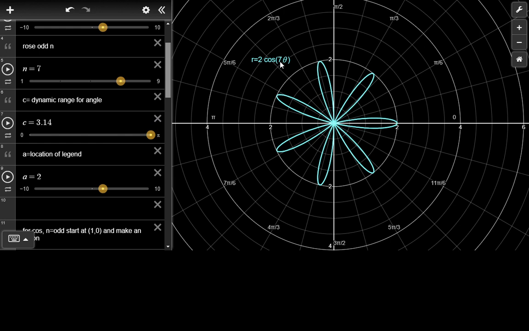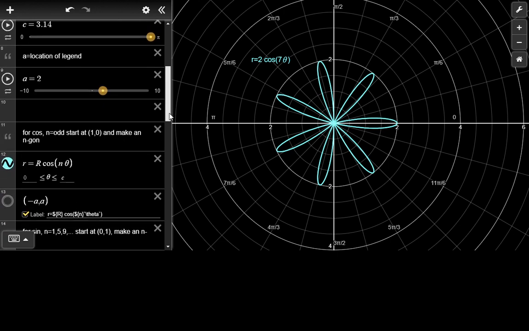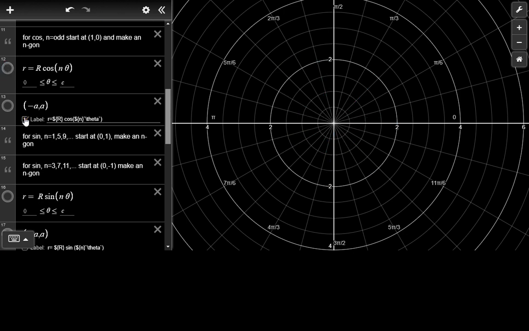If it was like square root of 2 or something, well, I let you go and discover what the picture looks like. It's going to be more crowded than what we have here. Okay, so we did the cosine for a variety of cases. Let's go back to the sine for the variety of cases.